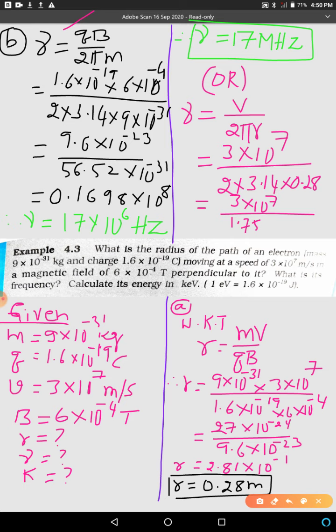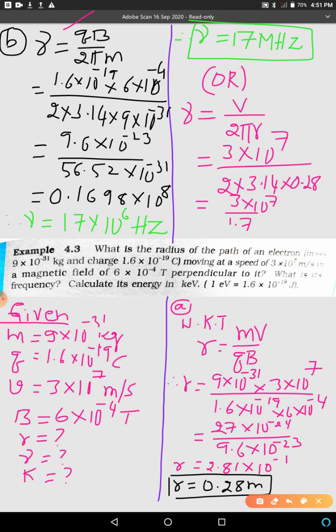3 divided by 1.75 comes to 1.71. Let me correct myself: the denominator is 1.75, not 1.71.